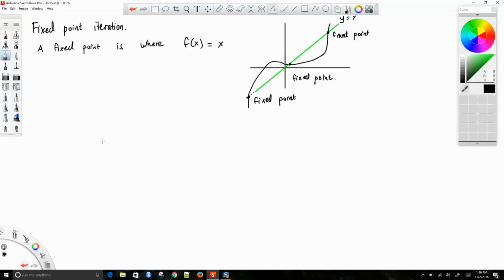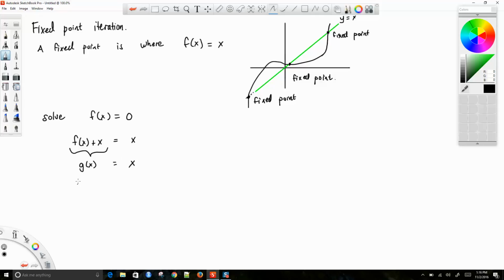Okay, and so if we wanted to solve where f of x is equal to 0, what we can do is f of x plus x is equal to x, right? And we'll call this thing g of x. And so this is g of x is equal to x.